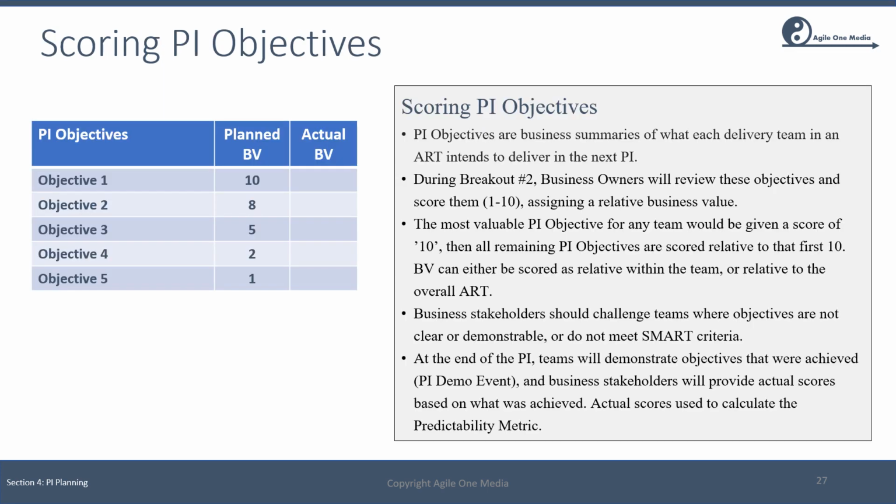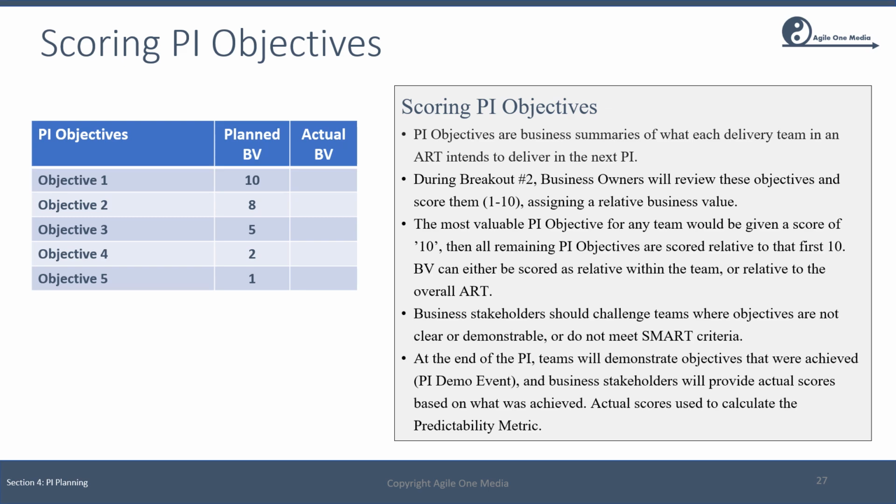So how do we score PI objectives? Let's first remind ourselves that PI objectives are business summaries of what each delivery team in the ART intends to deliver in the next PI. During the second breakout session, business owners will circulate around the teams and will review the objectives and score them, giving them a score between 1 and 10 on a relative basis.